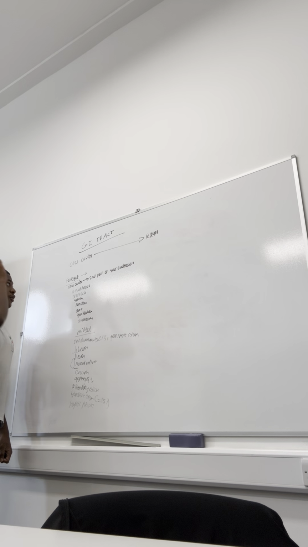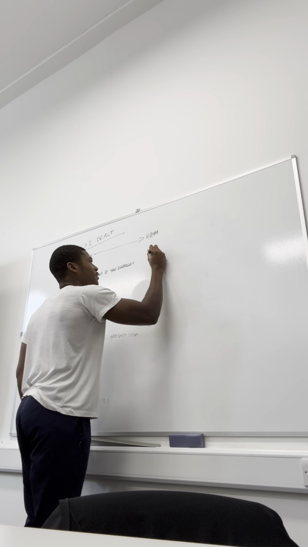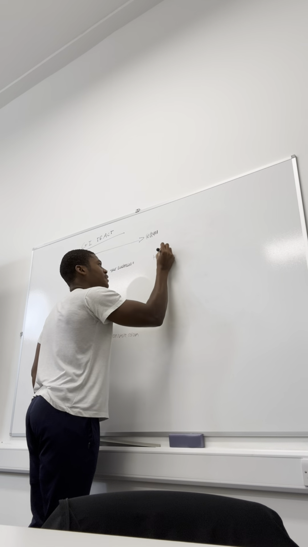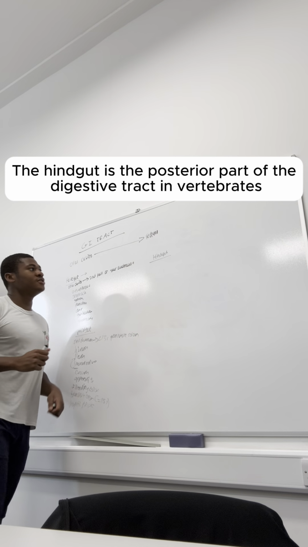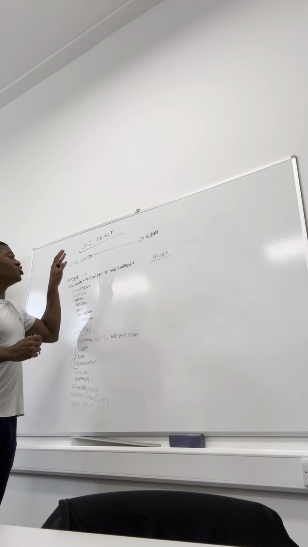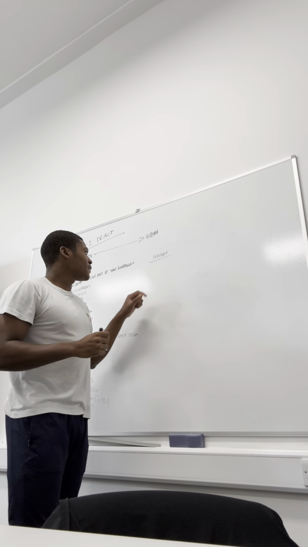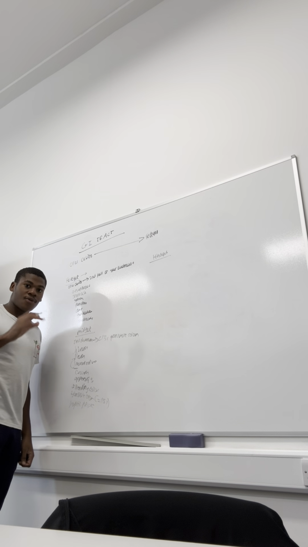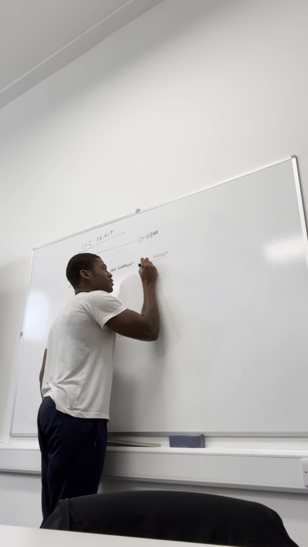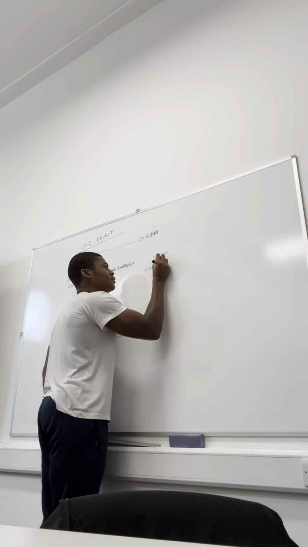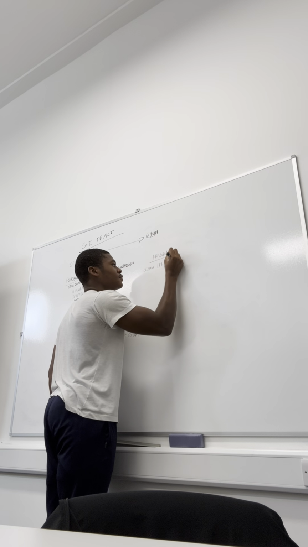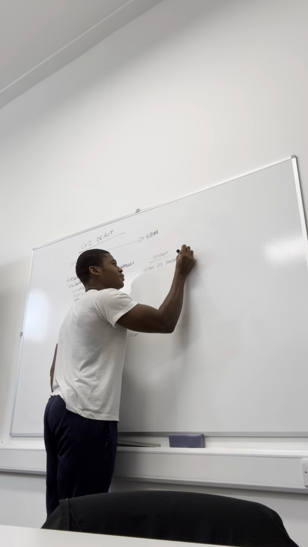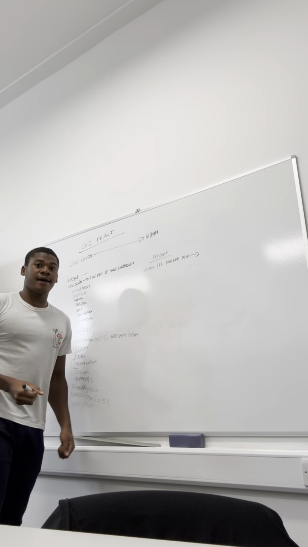So foregut, midgut, and I just write hindgut here. This is basically the last division of your GI tract. Your hindgut is going to be the distal third. So it's going to run from the distal third of your transverse colon all the way to where?